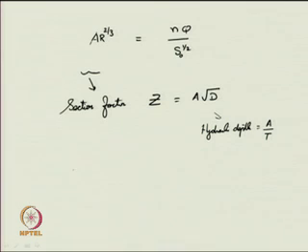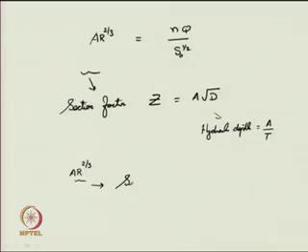Now, similarly, the quantity A R to the power of 2 by 3 can also be suggested as a particular type of section factor for uniform flow.